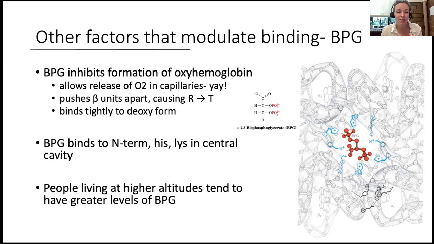How exactly does it work? Well, before I go in and I draw this scenario for you, I need to show you the structure of BPG. So you'll notice that BPG has a negatively charged carboxylate functional group, as well as negatively charged phosphates. So know that this BPG is very negatively charged.